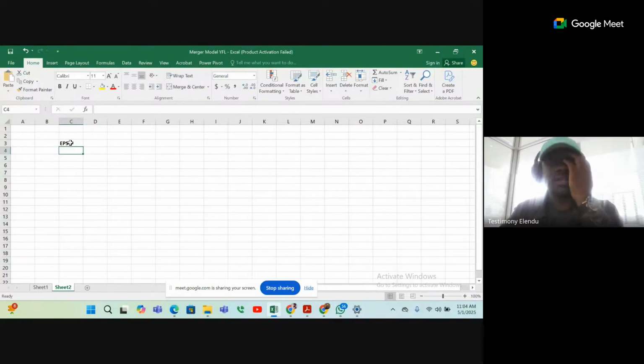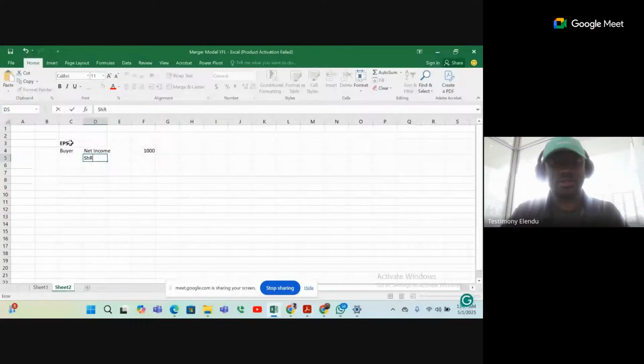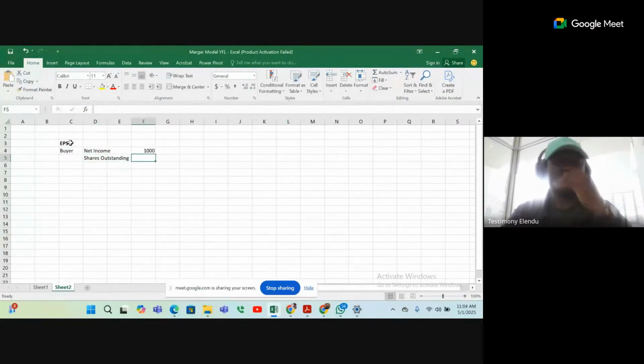EPS is the most important metric when it comes to merger and acquisition. So earnings per share, let's say buyer's net income is equal to, let me say, 1,000. And then buyer's shares outstanding is equal to, let me say, 100.